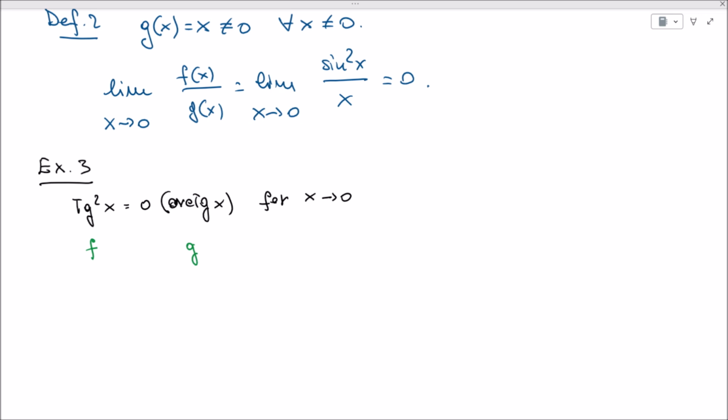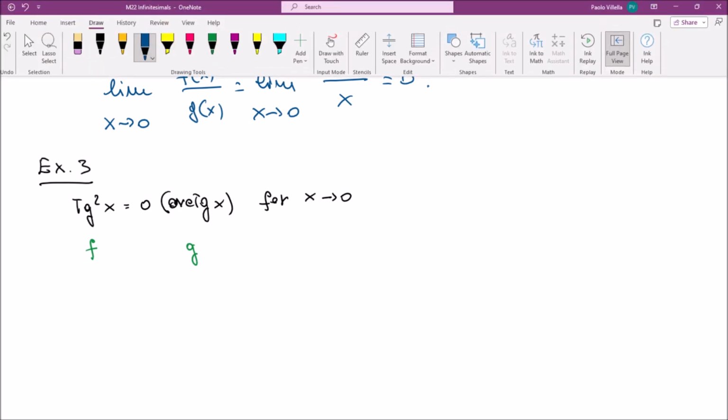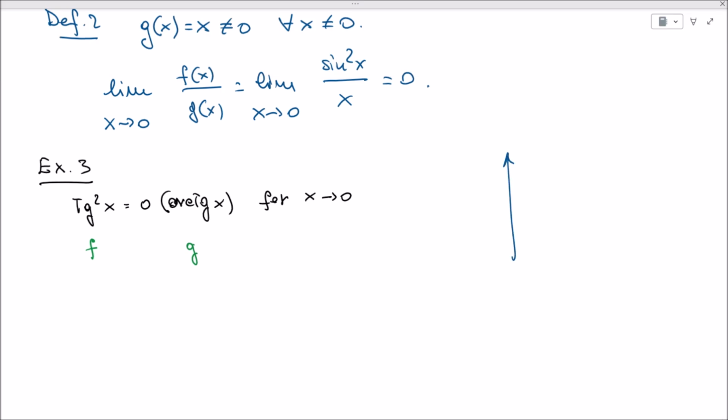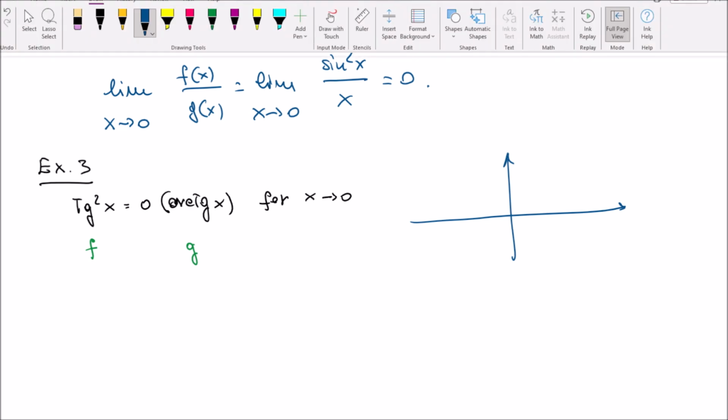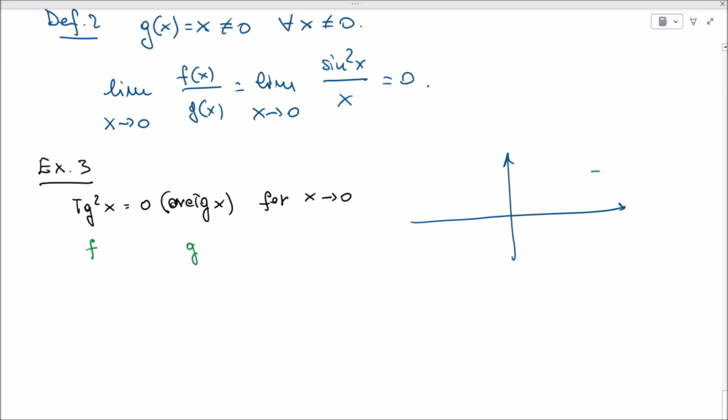We need to check that g of x is different from 0, but remember that from the graph of the arc tangent of x, we know that the graph is this, right? So it is between minus pi over 2 and pi over 2, and this is the arc tangent of x.